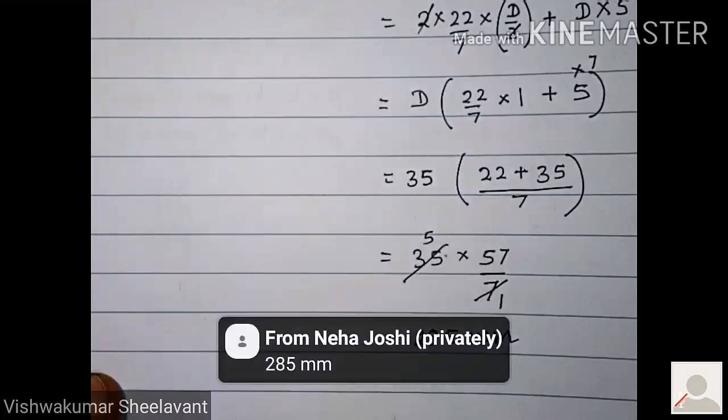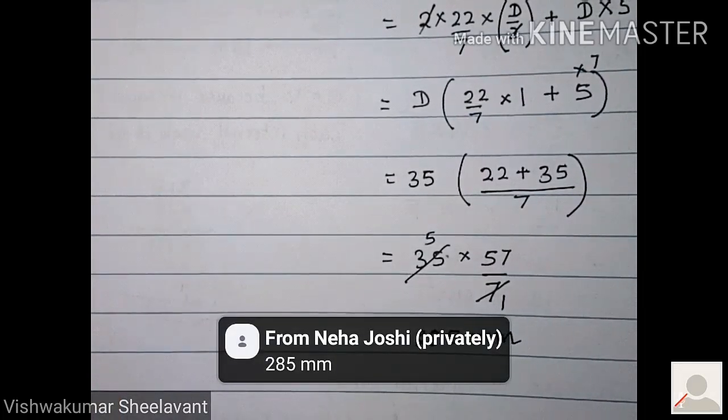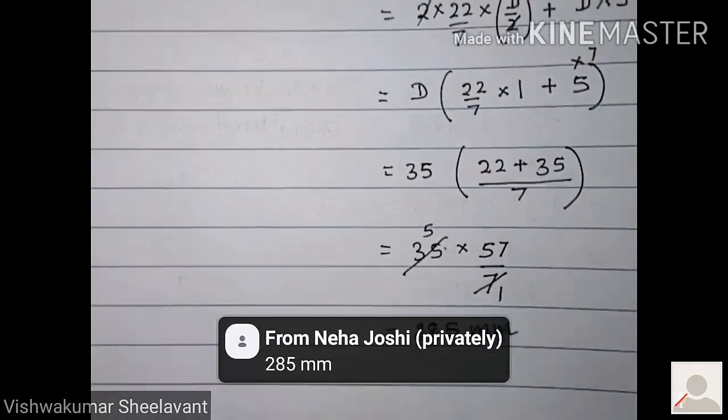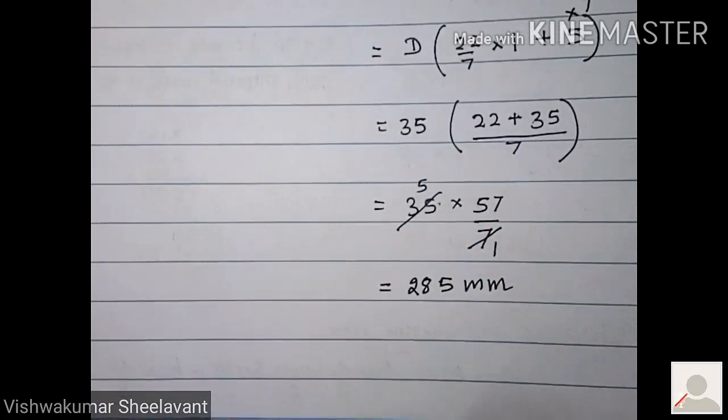Very correct. The length of silver wire used is equal to 285 millimeter.